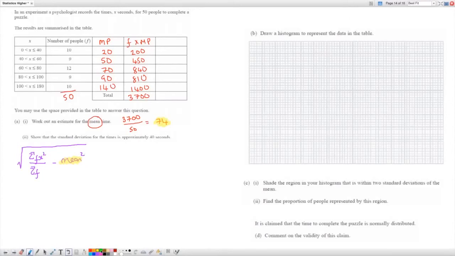Now to our first part, our x here is going to be our midpoint. So we must square our midpoints and then times by the frequency.